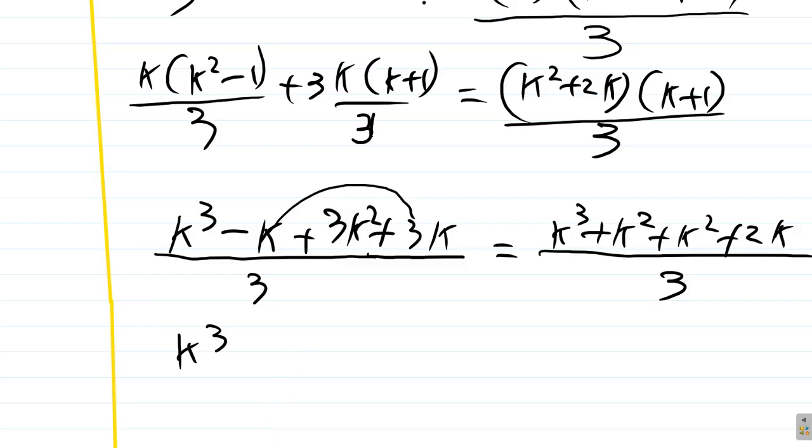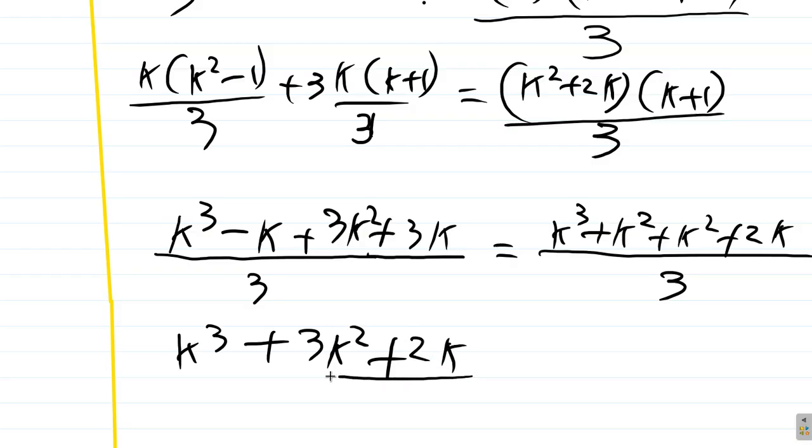So you have plus 2k. Oh, let's put the k squared next. 3k squared plus negative k plus 3k is 2k all over 3 equals.